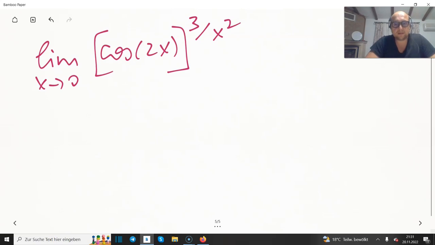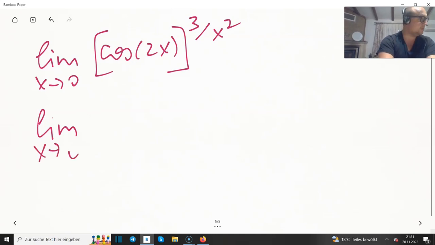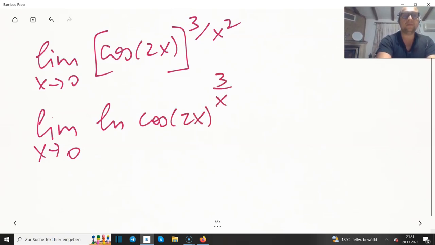Maybe it's not the best case to apply L'Hopital, but let's change this function slightly to see what's happening. So we consider limit x towards 0 still, but now we'll use a logarithm of this expression, and maybe it will help us a little bit.